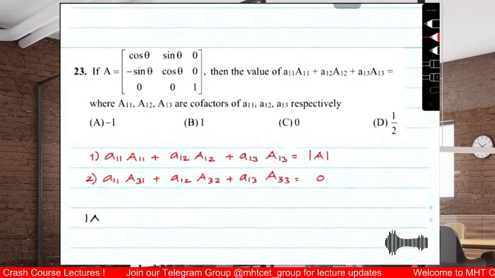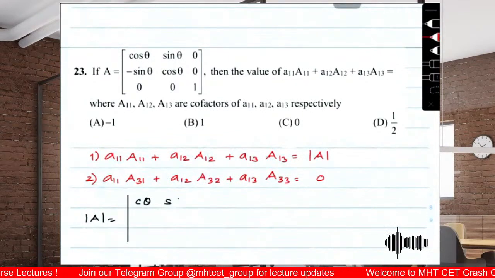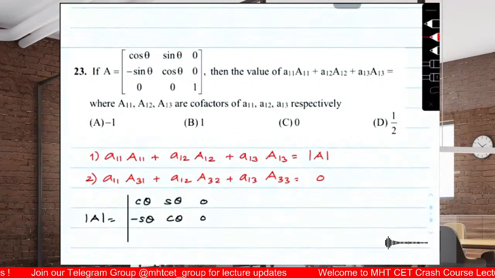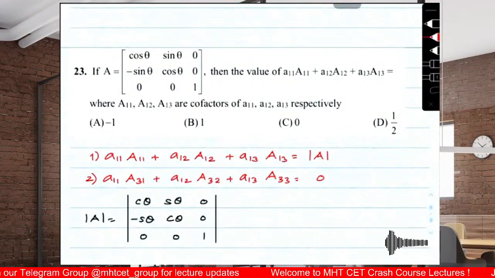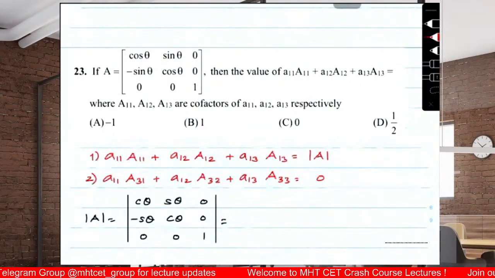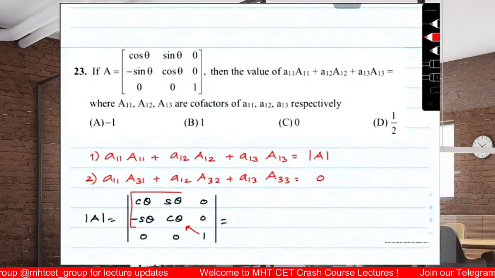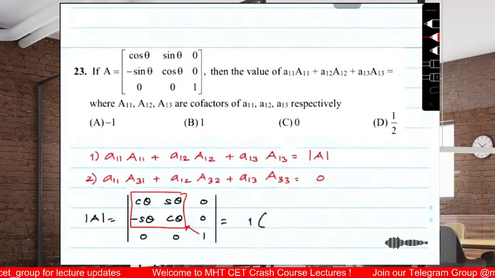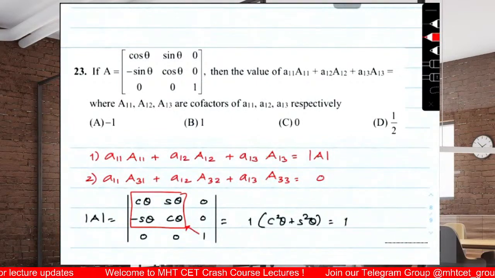The determinant of A is the determinant of [cos theta, sin theta, 0; -sin theta, cos theta, 0; 0, 0, 1]. So if you expand it along the third row, sorry, 1 ही मिलना है तुमको. Expand करते हो तो ये आएगा 1 into cos square theta plus sin square theta, that is 1.